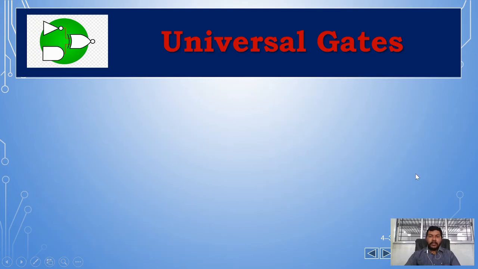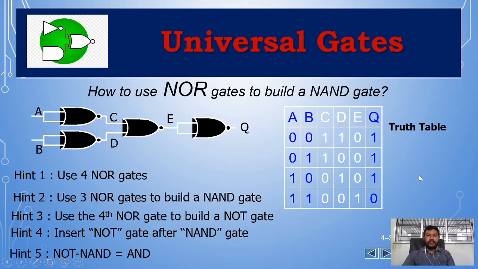Similarly, the last one is using NOR gates to build a NAND gate. A NAND gate can be built by putting a NOT gate after an AND gate. This AND gate is made up of 3 NOR gates, and if you put a NOT gate after this, you get a NAND gate. This is the truth table, and this is how it works.